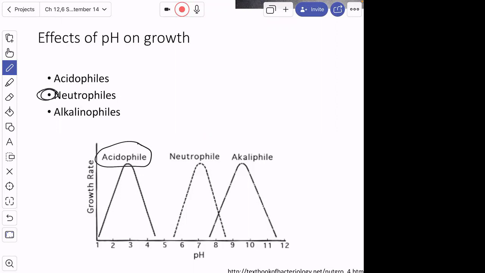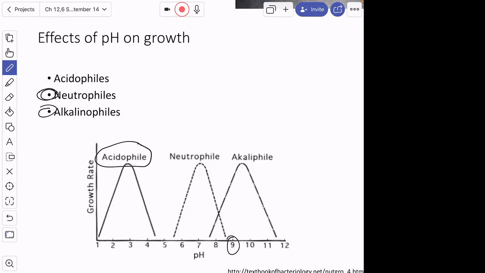Most organisms are going to be neutrophiles, so they're growing optimally between a pH of like 5 and 7. And then alkalinophiles or alkylophiles, either way, they grow optimally at a little higher pH. An example, the organism that causes cholera actually grows optimally at a pH of 9. So a little bit more alkyl in there.